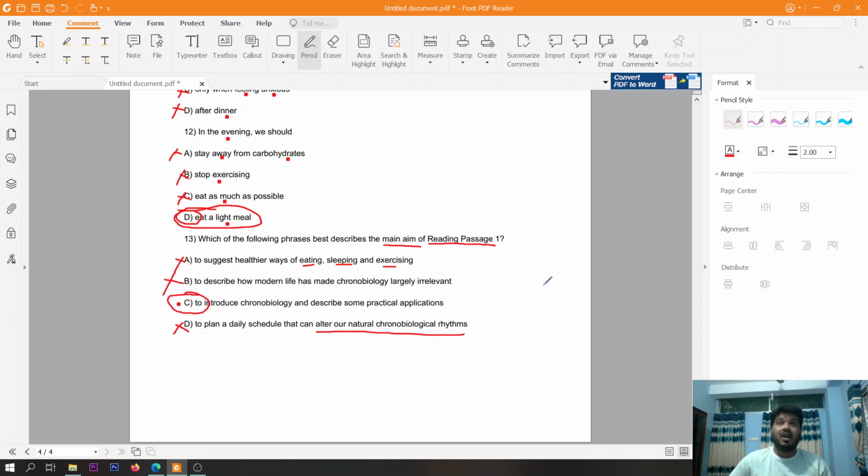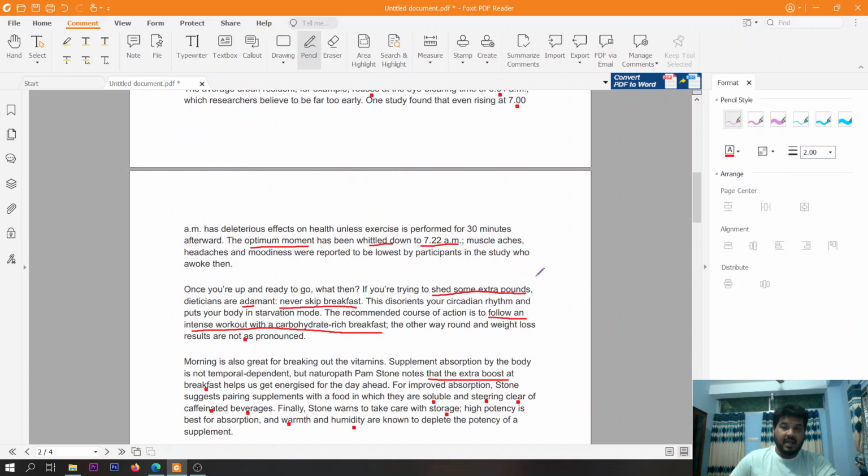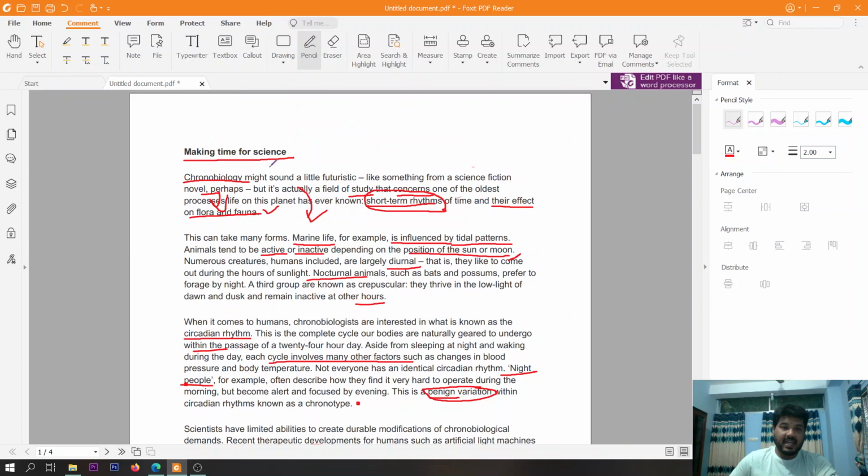Now, of course, if you're unsure about it, you can simply go to the passage, read the introduction, and read the conclusion if there is one. As you can see here, right at the beginning in this paragraph, it basically talks about a short-term rhythm and its effect on flora and fauna.